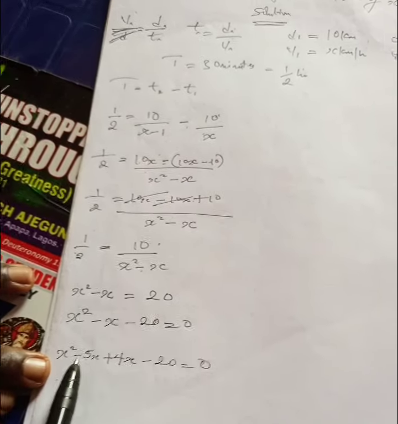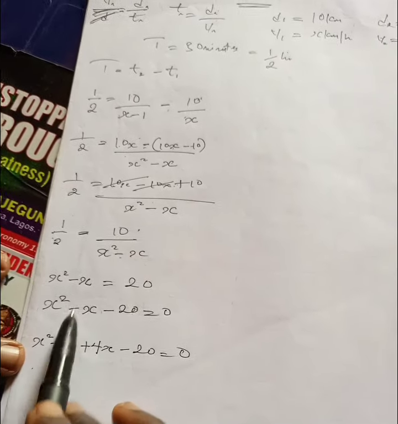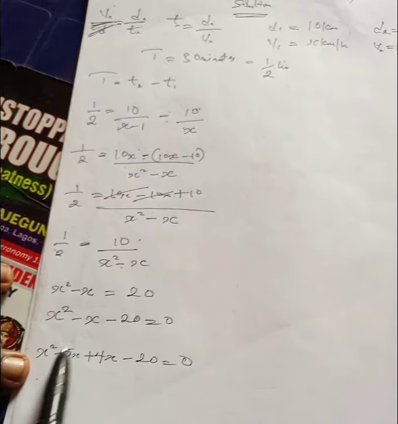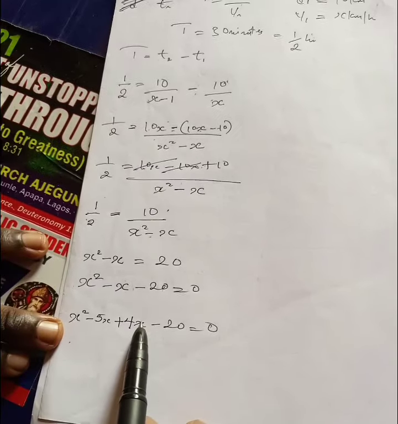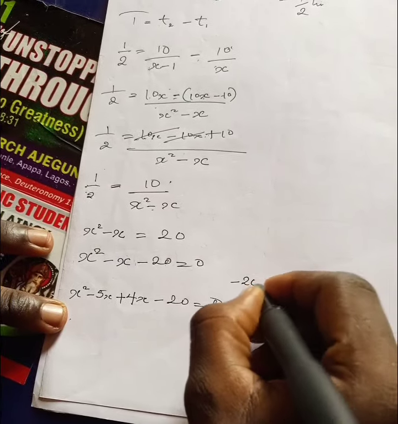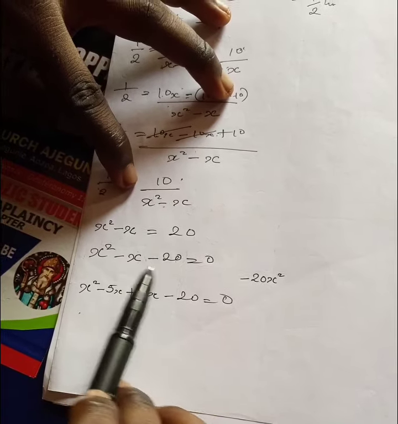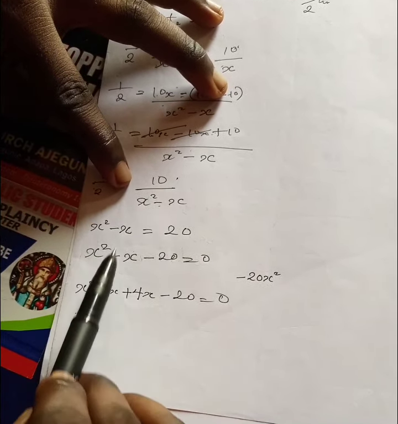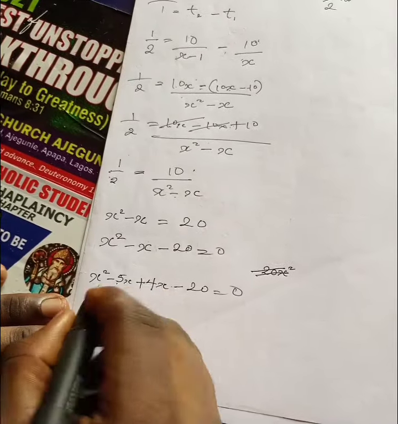Minus 5x plus 4x does this, and minus 5x multiplied by 4x gives negative 20x squared. That was how I got my minus 5x and 4x.